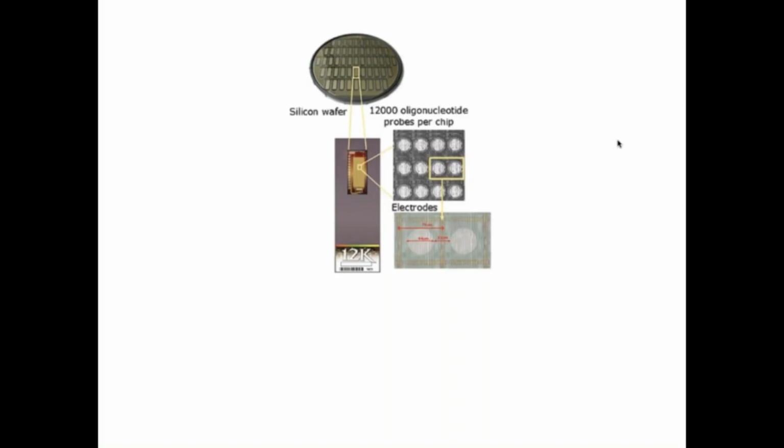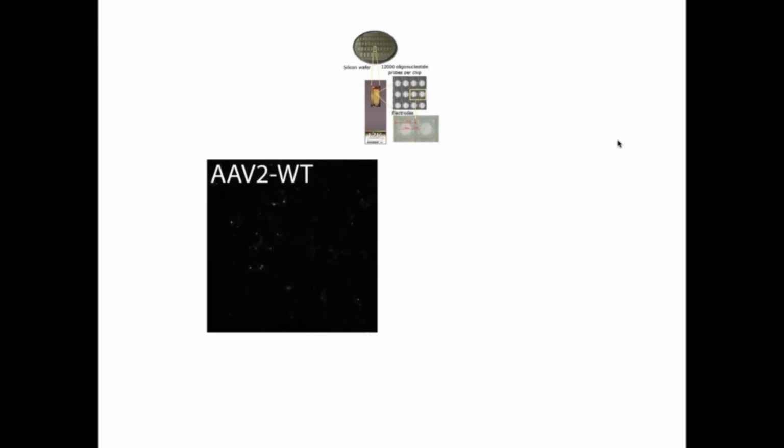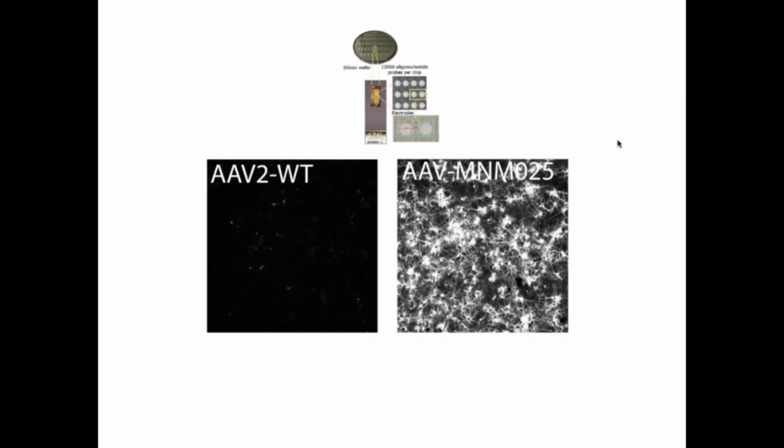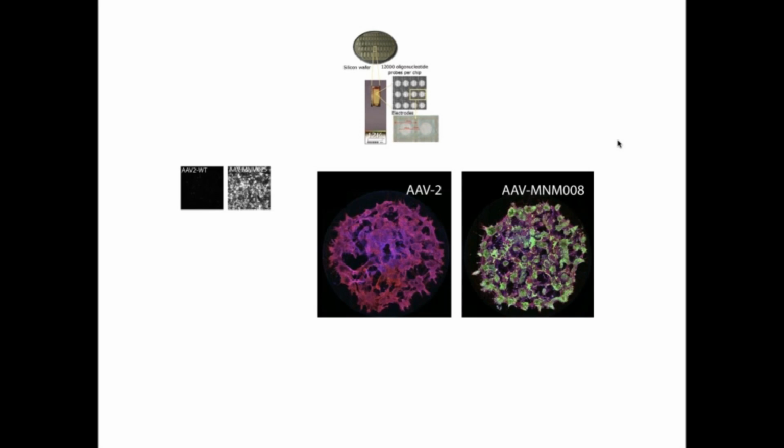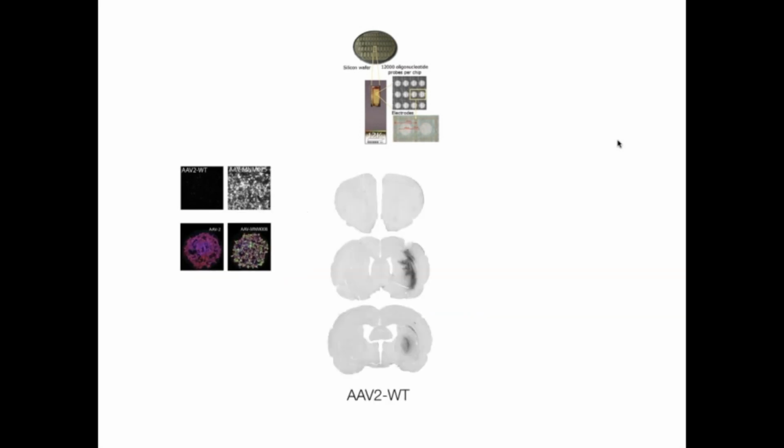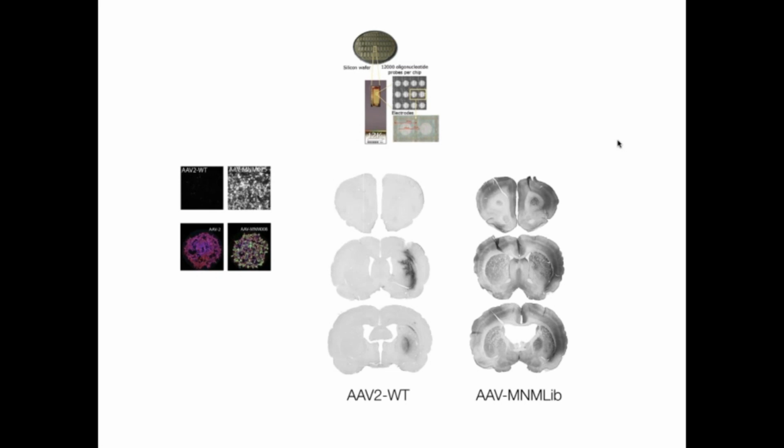So basically what we have used is a 90,000 oligo chip from GenScript to modify AAV vectors and how to make them go from this to this in primary neurons, from this to this in human embryonic stem cells, and from this to this in vivo. And I will tell you the full story today, so sit back and enjoy.